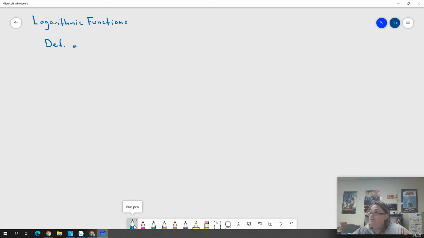So the definition of a logarithmic function with a base of a is, for x greater than 0.